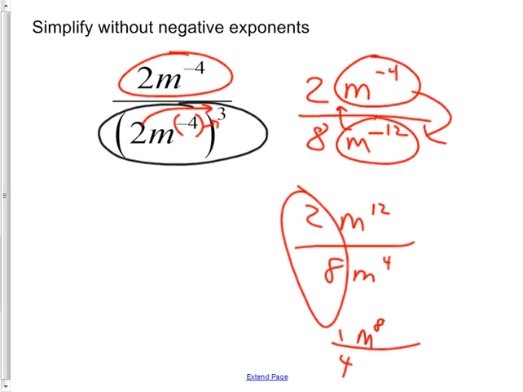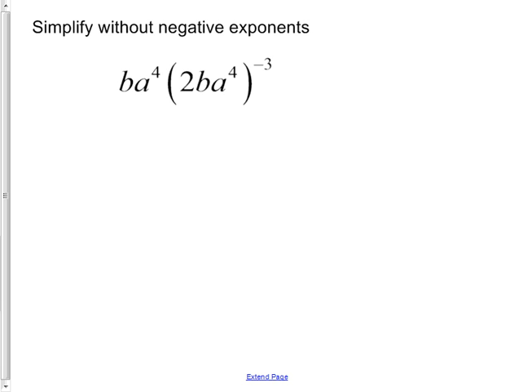All right. Good. This one, again, there's nothing to do here, so let's do that. And you'll have b a to the 4 times 2 to the negative 3rd. Ooh, wait a minute. 2 to the negative 3rd?